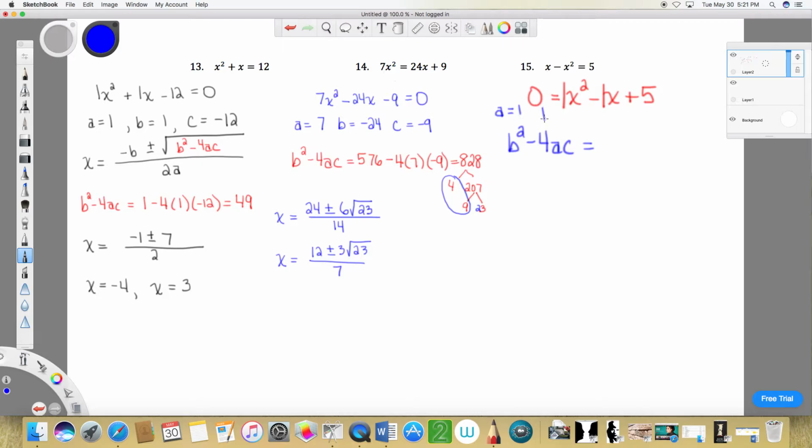A is 1, b is negative 1, c is 5. B squared, negative 1 squared, is 1. And this is negative. We've got 1 minus 20, negative 19. So therefore, I know that this quadratic equation has no real solutions.